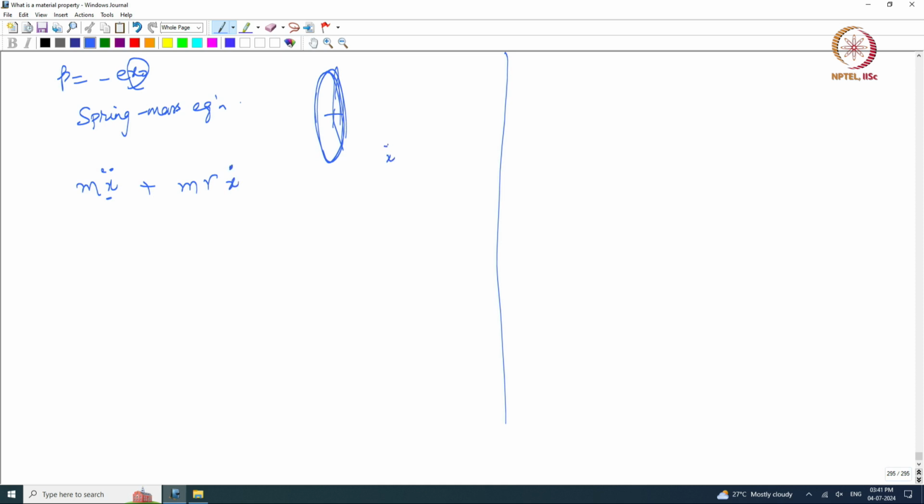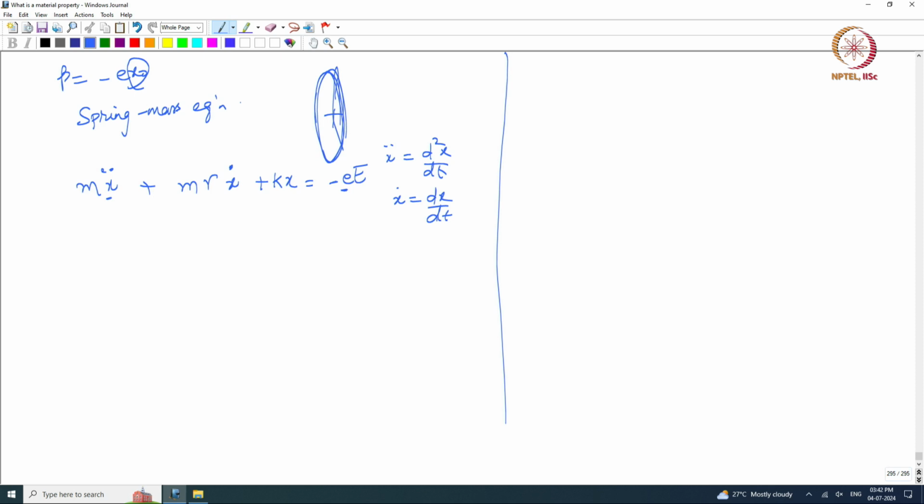Here x double dot is d2x by dt square, x dot is dx by dt, plus kx, that is the restoring force, equal to the applied force. The applied force is minus e times the electric field E on the electron, and that is the electronic polarizability that I am looking at.